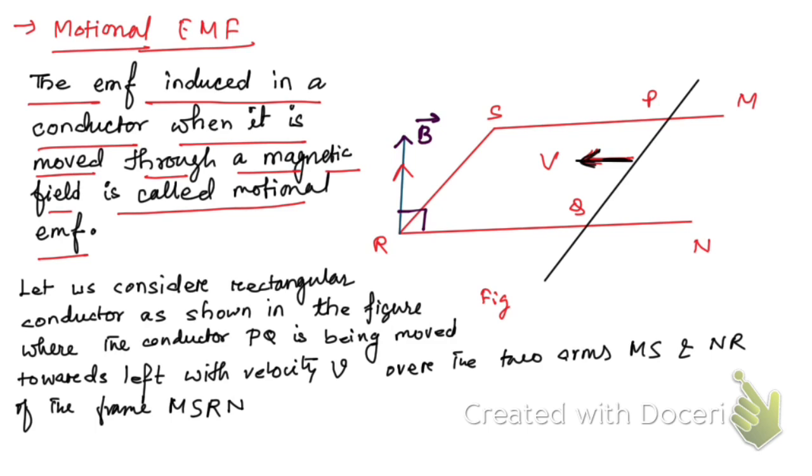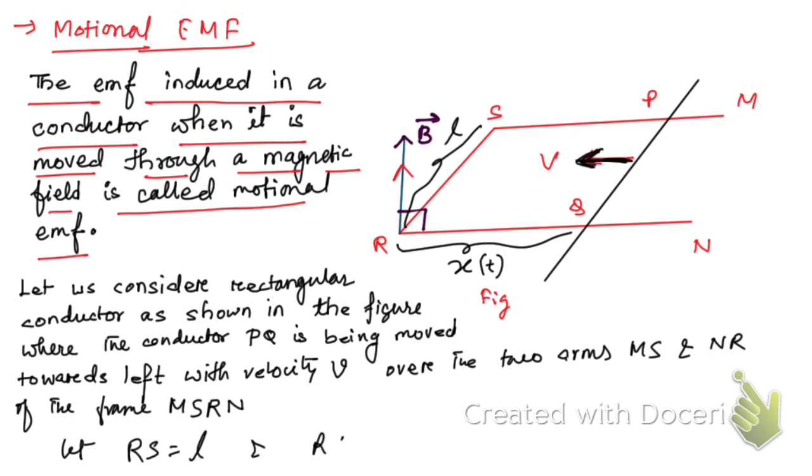Let me take X at an instant t. This X will change with time because PQ is being moved towards left. And suppose the length RS is L. So let RS be equal to L, and RQ be equal to X.